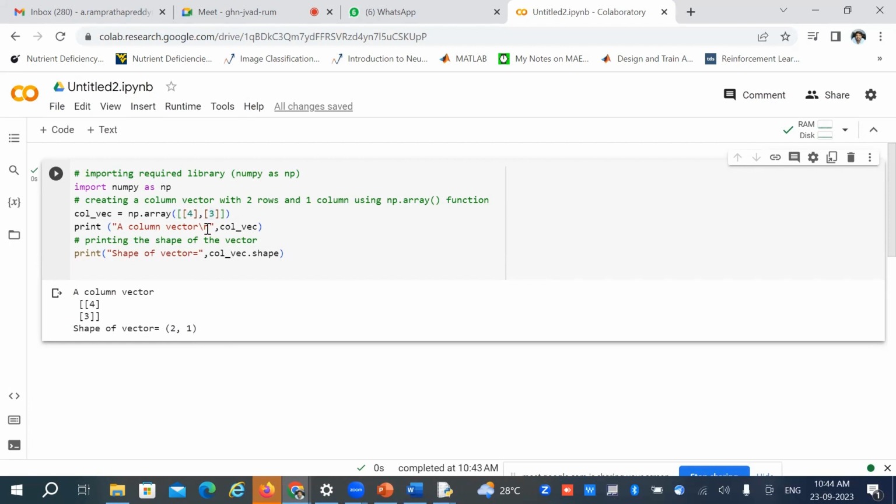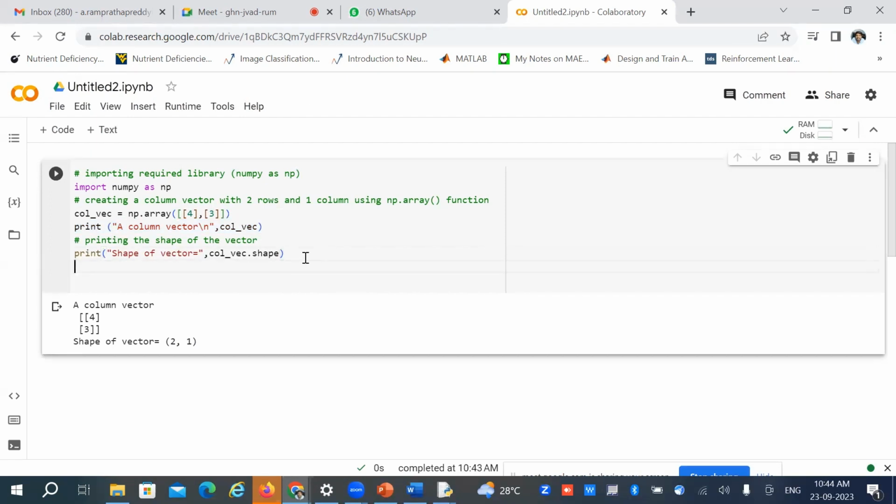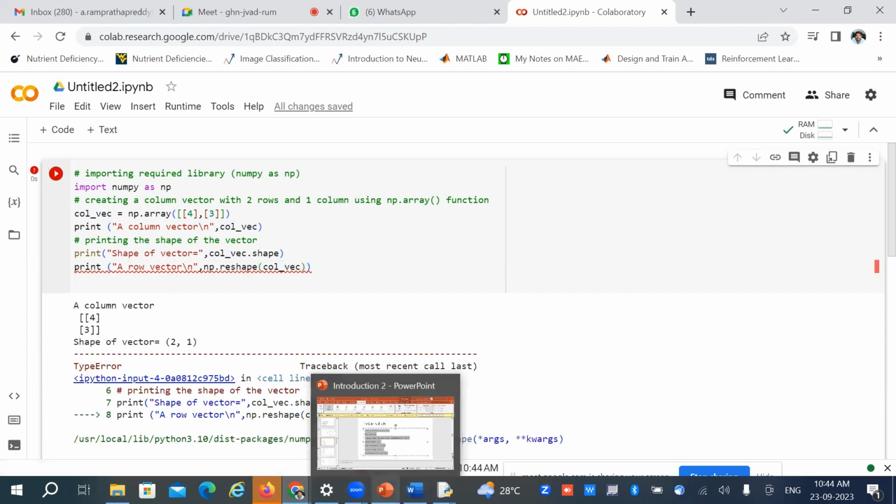Now, similarly, I would like to convert this vector into a row vector. Just use reshape. np.reshape of the vector.